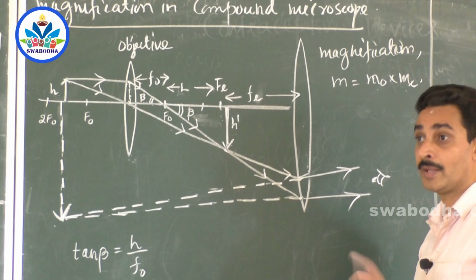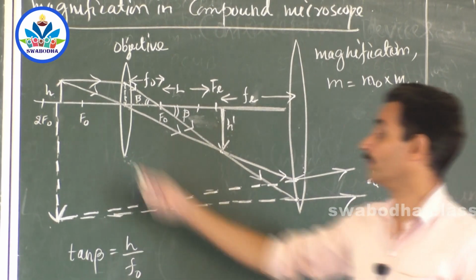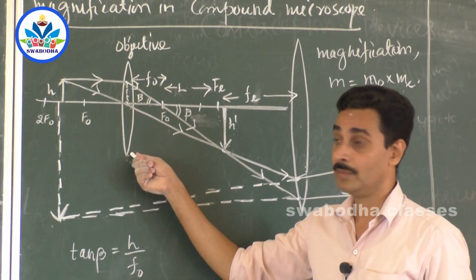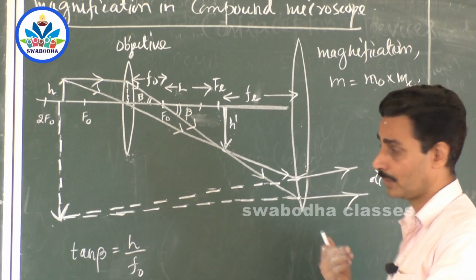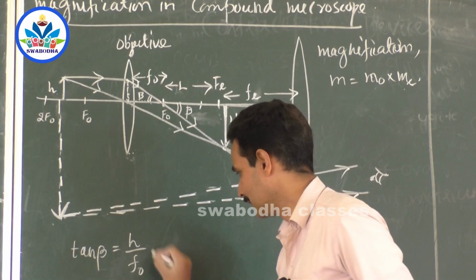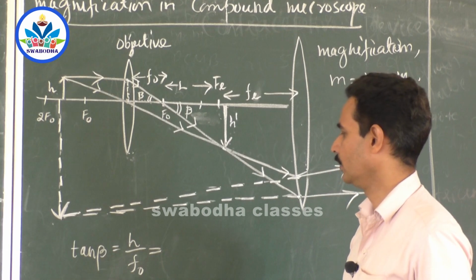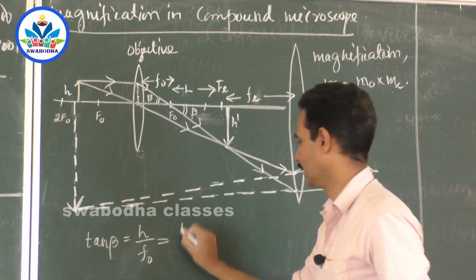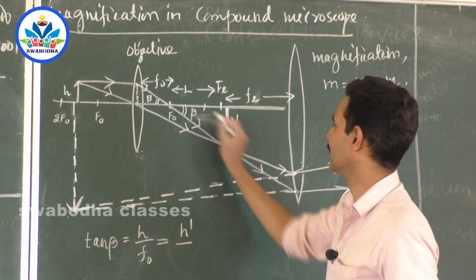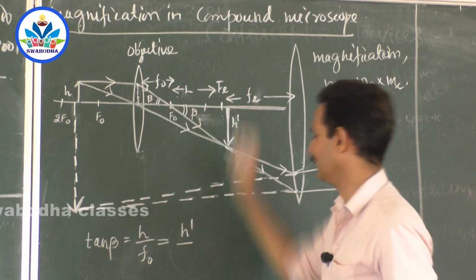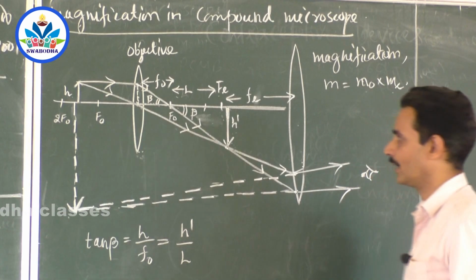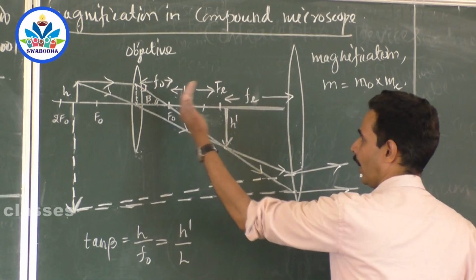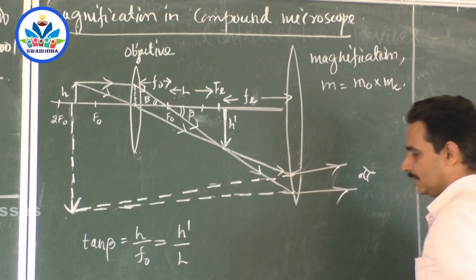Now remember, I am finding out the magnification of objective only, not the magnification of eyepiece. I haven't moved up to eyepiece. Okay, this tan beta is also equal to, from this triangle, opposite side by adjacent side, which is the tube length L. We call it the tube length, the distance from the focus of objective to the focus of eyepiece.